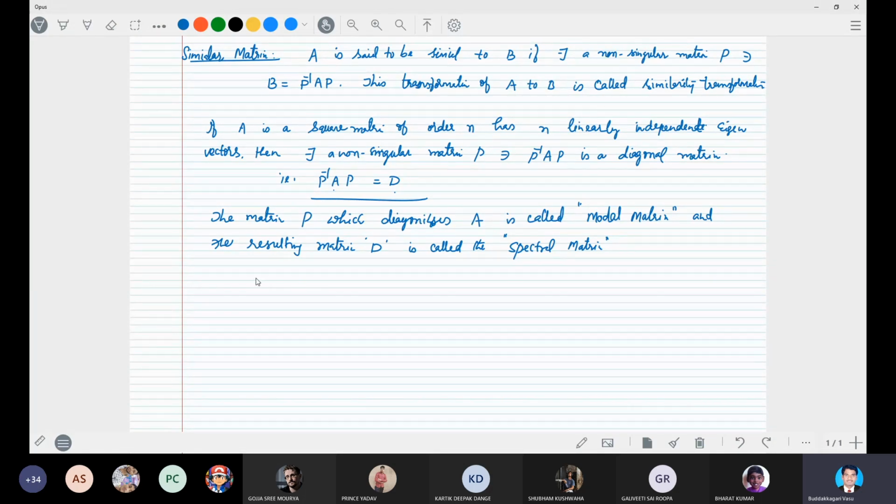Let us see here. Let A be a square matrix of order n. Also, let lambda 1, lambda 2, and so on, be the eigenvalues. How many eigenvalues are there? n.